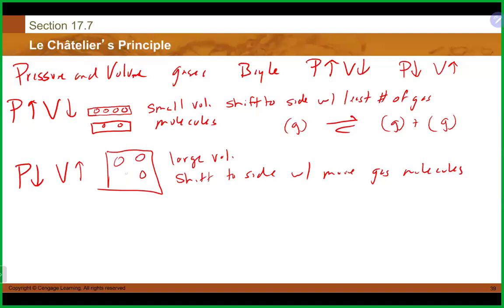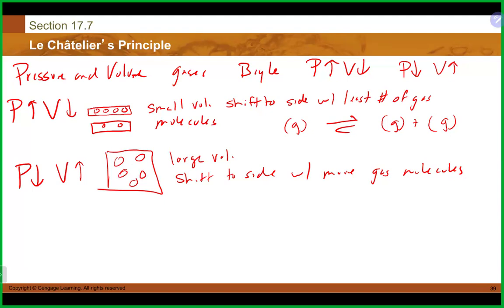And by putting more gas molecules in here, that's going to cause more collisions, and that's going to bring our pressure back up.